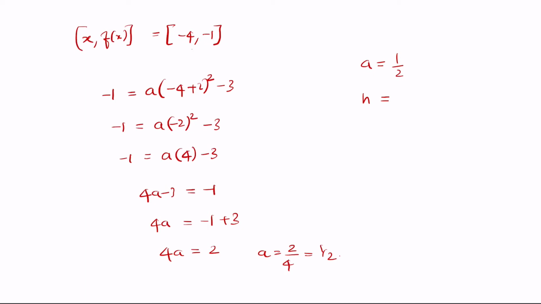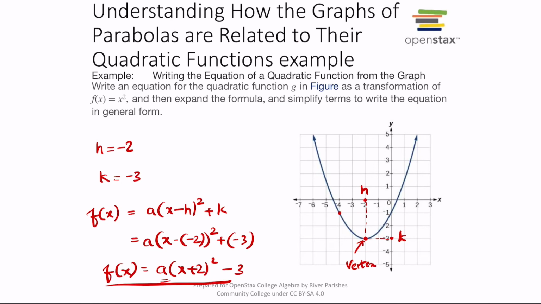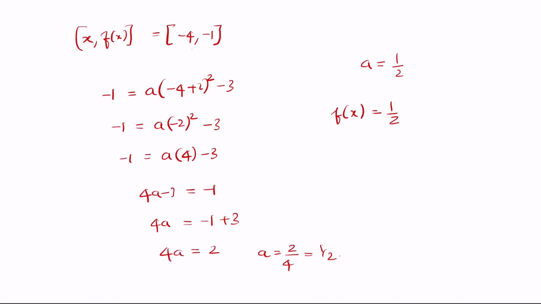So substitute it into this formula here, f of x equals a times (x plus 2) square minus 3. So a is 1 by 2 times (x plus 2) square minus 3. You can further simplify the equation and expand it and write it down as well. For example, (x plus 2) whole square can be split into x square plus 2 times x times 2 plus 2 square, minus 3.